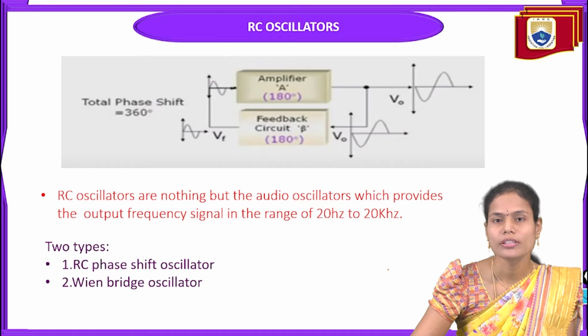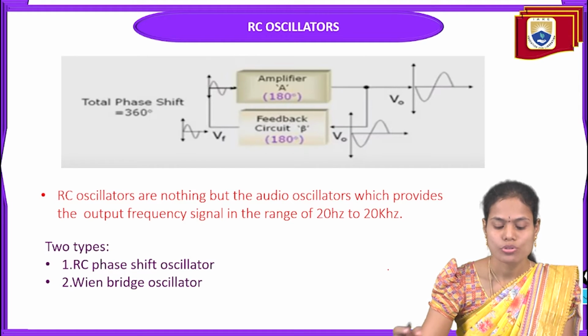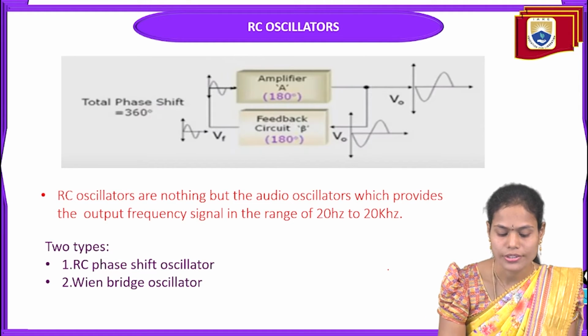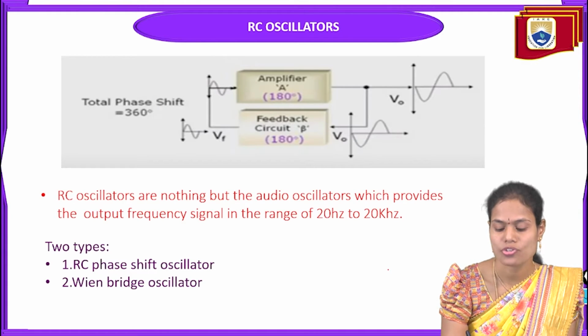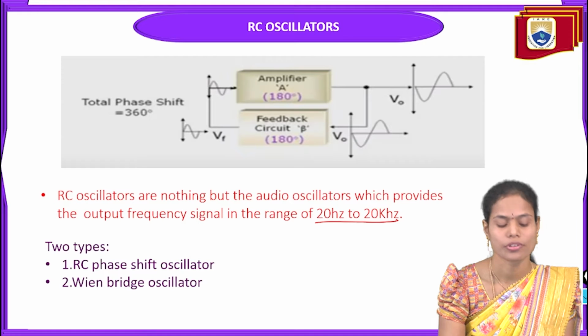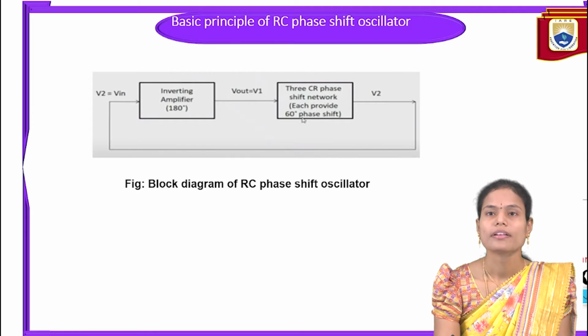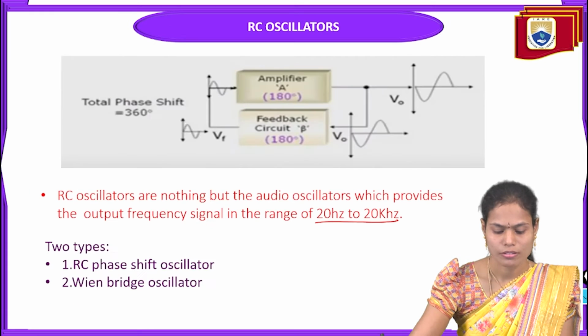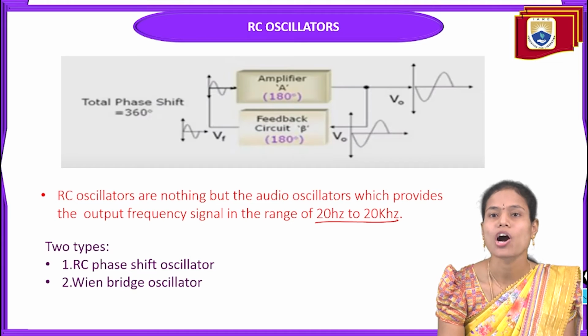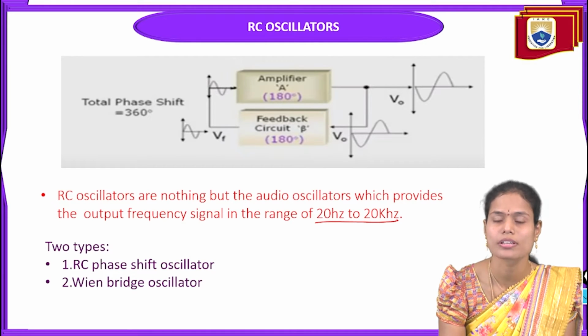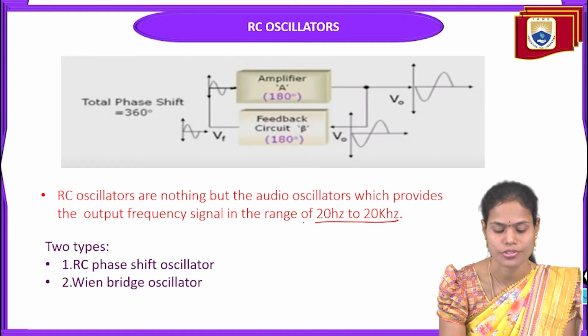And coming to the RC oscillators. These RC oscillators provide the output signal with a frequency range of 20 Hz to 20 kHz. That is why these are called audio frequency oscillators. Why? Because they generate signals from 20 Hz to 20 kHz, the audio frequency range.